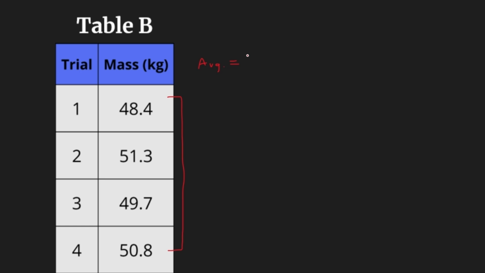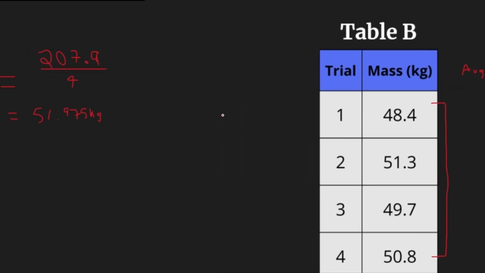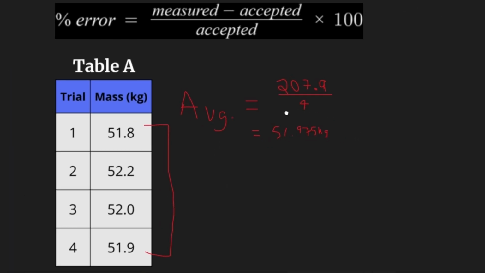And so we get an average of 200.2 divided by 4 data points. And so we get an average mass of 50.05 kilograms.